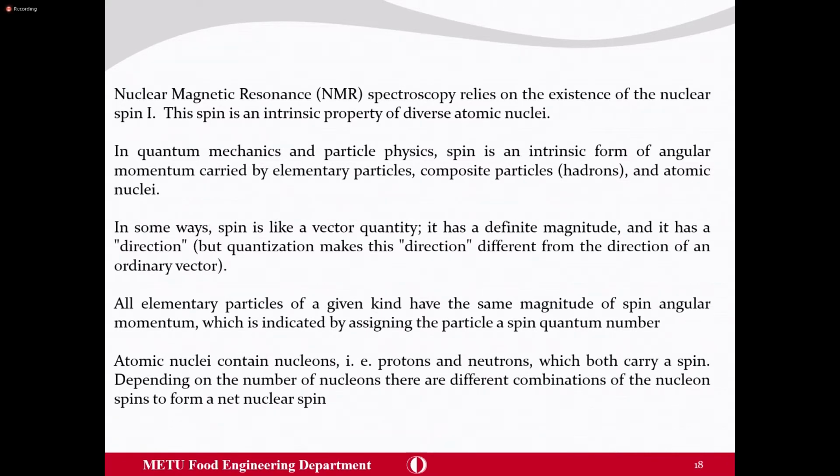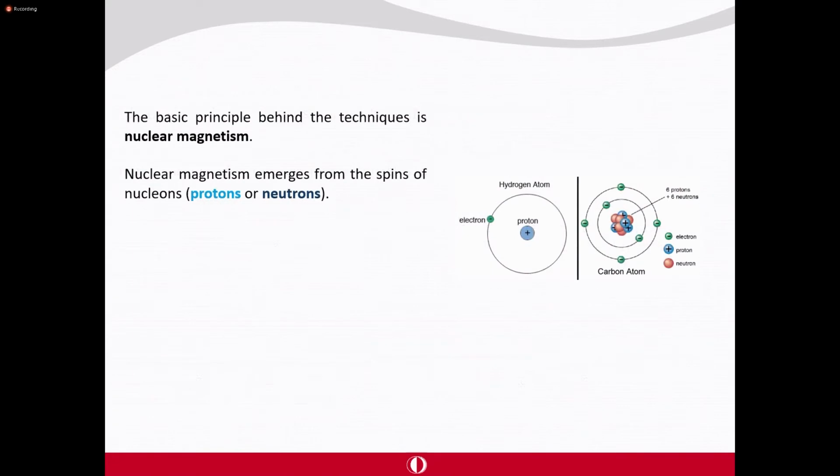Atomic nuclei contain nucleons, which are protons and neutrons, which both carry a spin. Depending on the number of the nucleons, there are different combinations of the nucleon spins to form a net nuclear spin. So, what does that mean? The basic principle behind the NMR technique is nuclear magnetism.